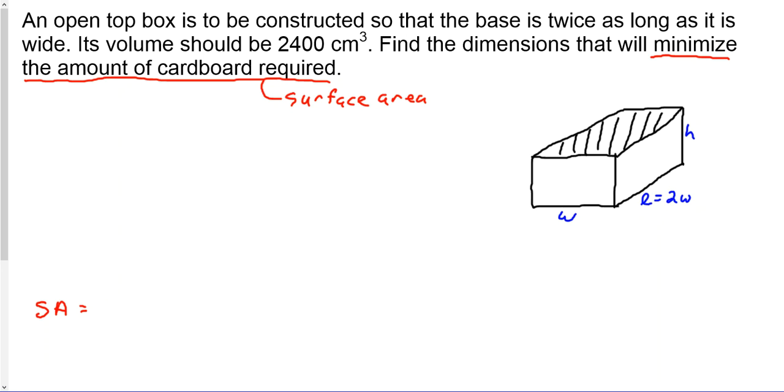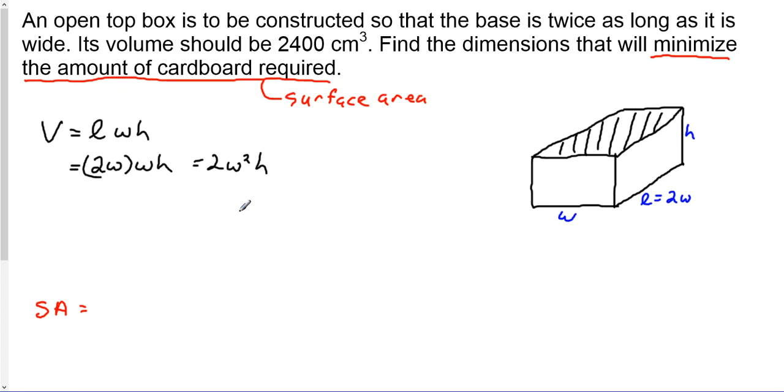So that tells us right away that one of the equations we need to work with is going to be our volume equation. So we need an expression for volume. How do you calculate the volume of a rectangular prism or a box here? Well, it's going to be length times width times height. But we can change that a little bit for what we have because we know that our length is 2 times our width. So the length is 2 times the width times height, or 2w squared times the height.